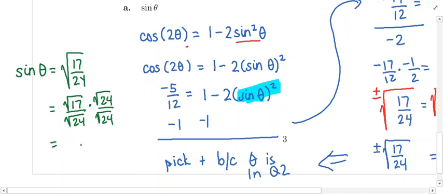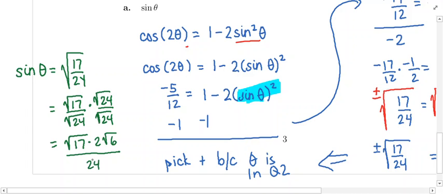In the numerator, we get the square root of 17 times the square root of 24. If you simplify that, that is going to be 2 times the square root of 6. The denominator will just be 24.